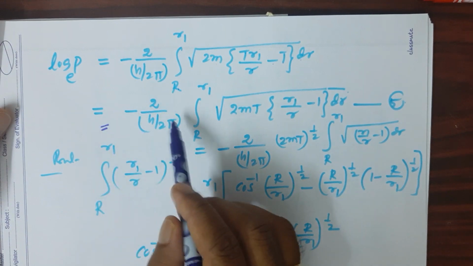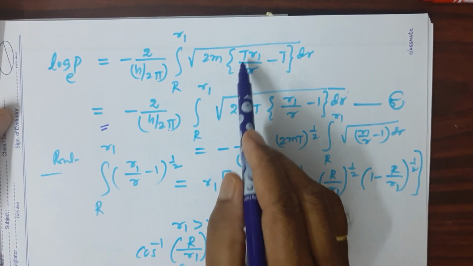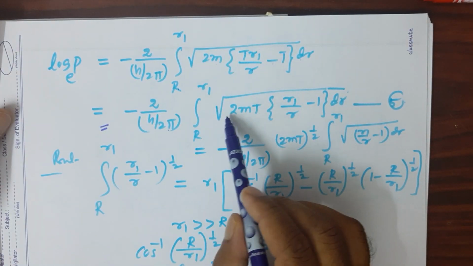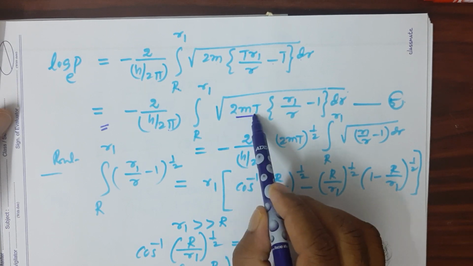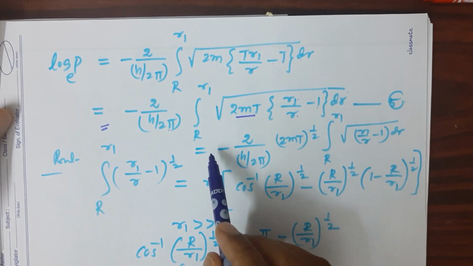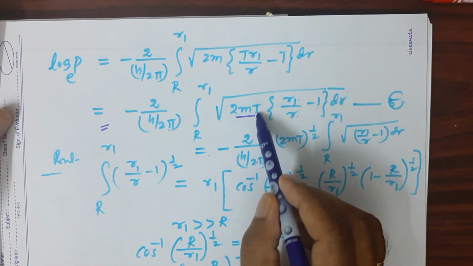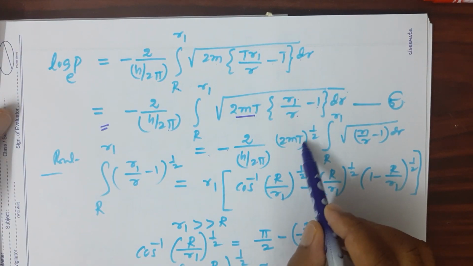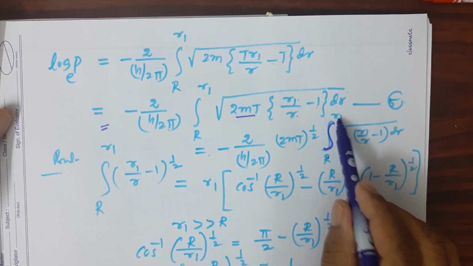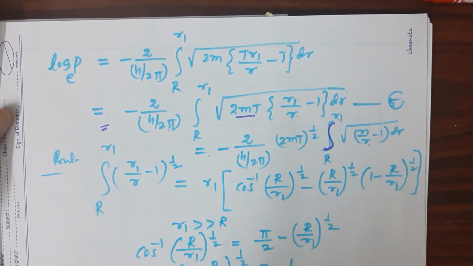So that equals minus 2 by h by 2 pi integral from R to r1, by taking t common and writing it outside the square root, square root of 2mt into (r1 by r minus 1) dr. So that equals minus 2 by h by 2 pi. You write 2mt to the power half outside of the integral, the integral from capital R to r1 of the square root of (r1 by r minus 1) dr.